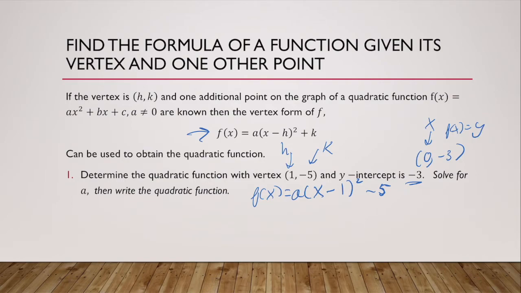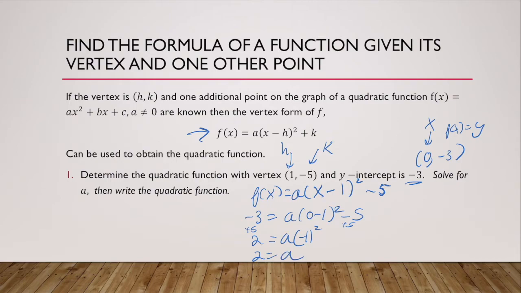So I have -3 is a times 0 minus 1 squared minus 5. I'm going to add 5 to both sides. I have 2 is a times -1 squared, which is 1. So I have 2 is a.